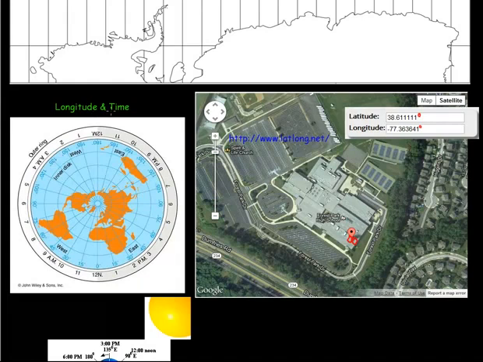Okay, now we're going to talk about longitude and time. If you take a look at it, we take the prime meridian, which is this line right there, and we take a look at the Earth, which revolves, rotates, again, this direction, counterclockwise, and we rotate 24 hours.